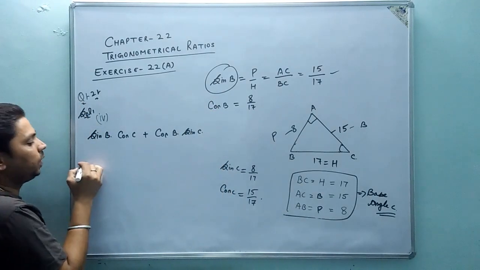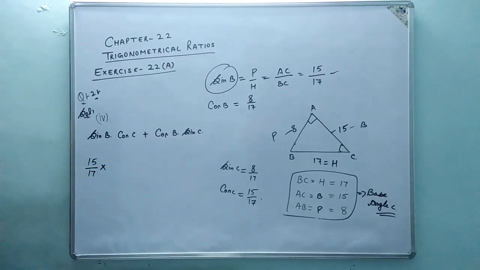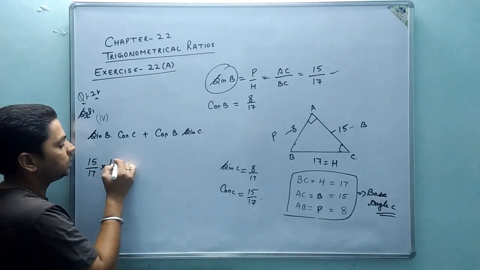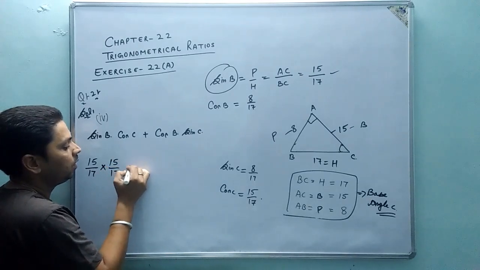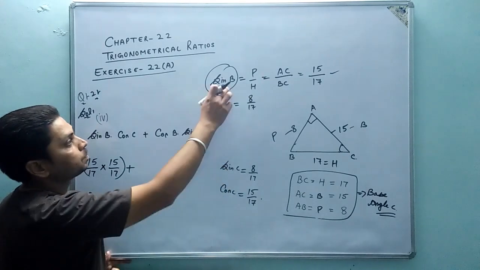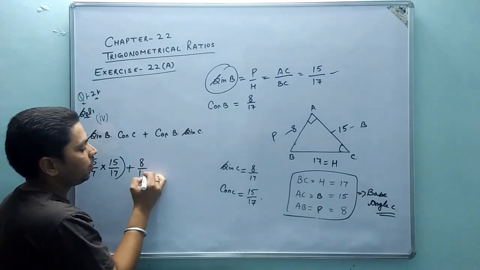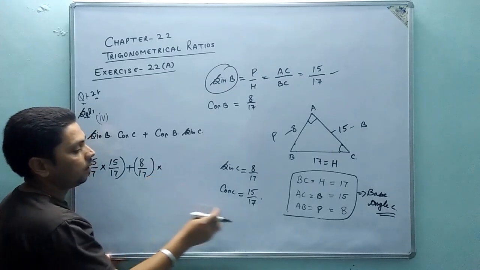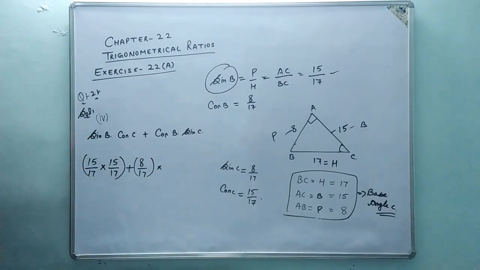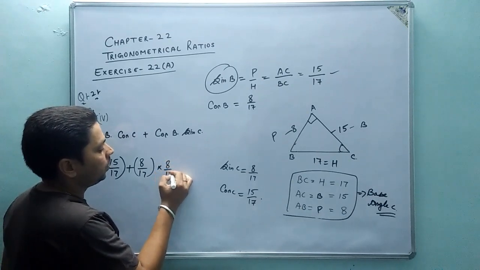Sin B is 15 upon 17, multiplied by cos of C, which is again 15 upon 17, plus cos of B, which is 8 upon 17, multiplied by sin C, which is again 8 upon 17.